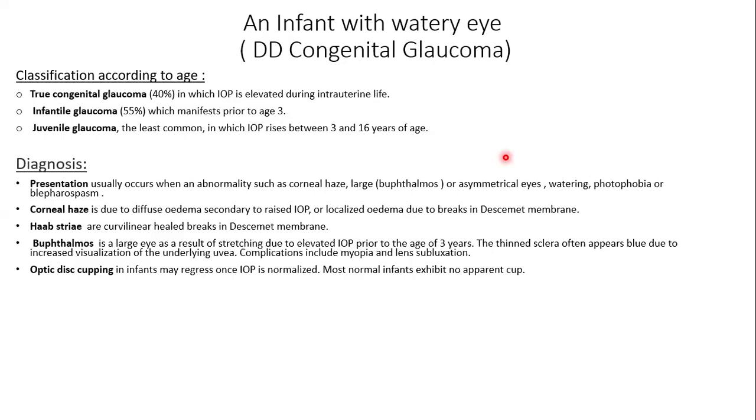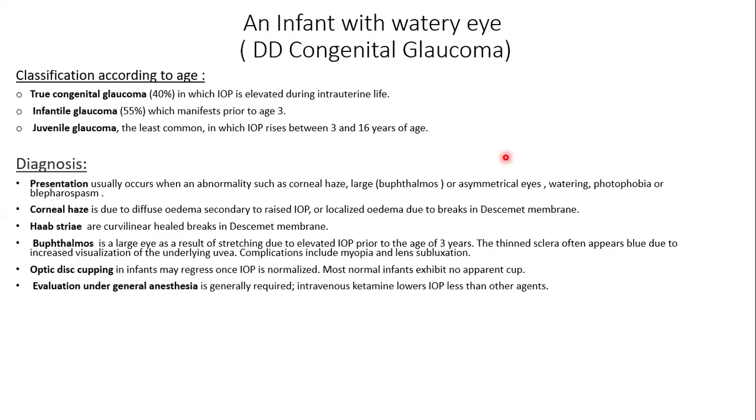But one good thing about congenital glaucoma, if they are treated early, that optic disc cupping can have a reversal. Reversal of cupping can happen in small children. And that is a very good advantage for such children. Okay, so usually we will do examination under anesthesia to those patients.